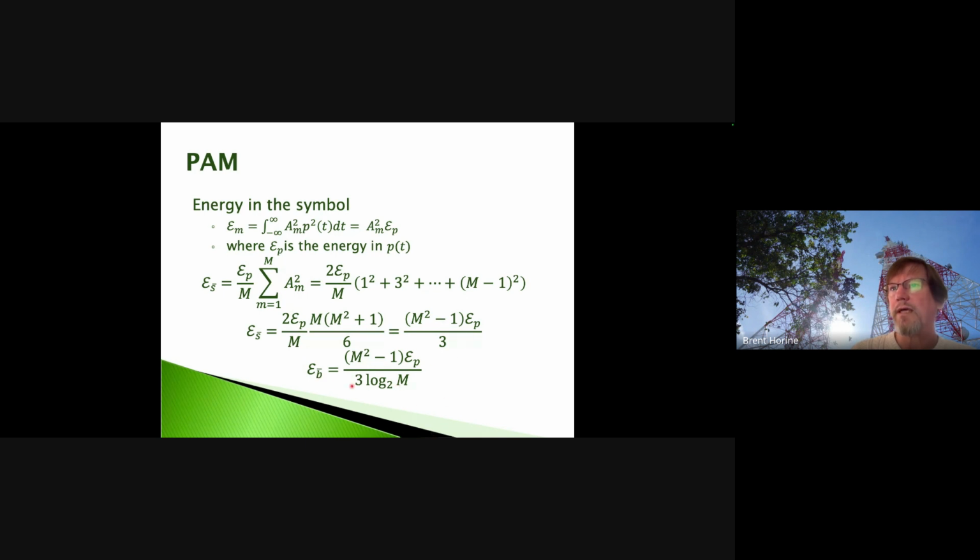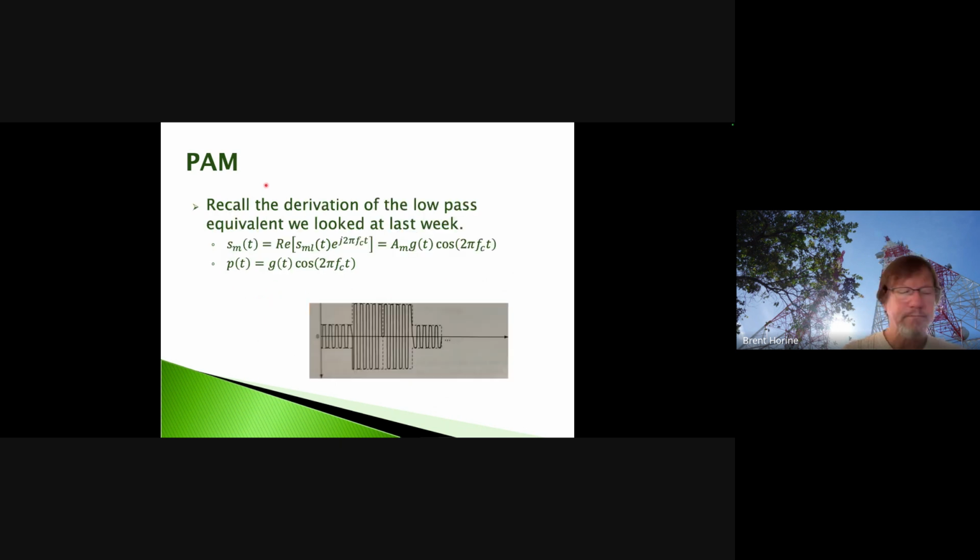So now we are dividing by k bits per symbol, which is also equal to log base 2 of m. So again, m might be 8, log base 2 of 8 is 3, so 3 bits per symbol. All right, so this is how we would allocate energy for pulse amplitude modulation where they're equally probable pulses.